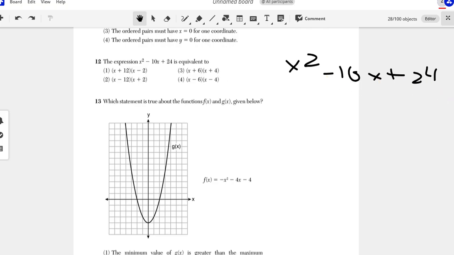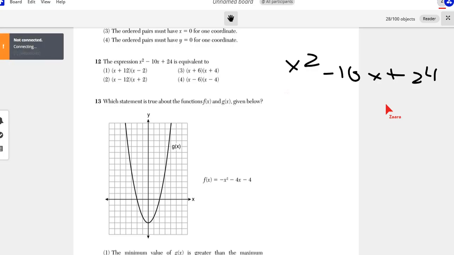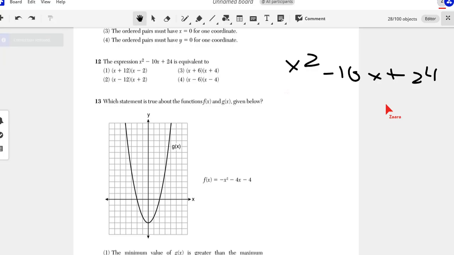Okay, so the answer I got for this was x minus 6 and x minus 4.